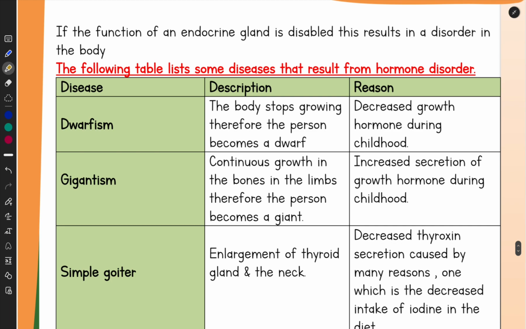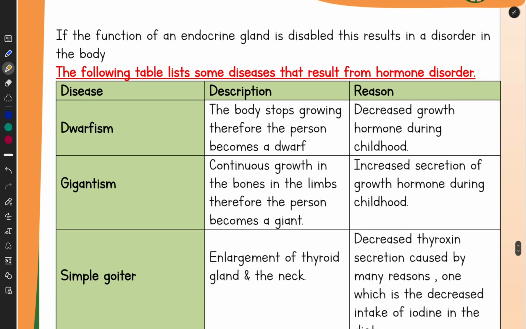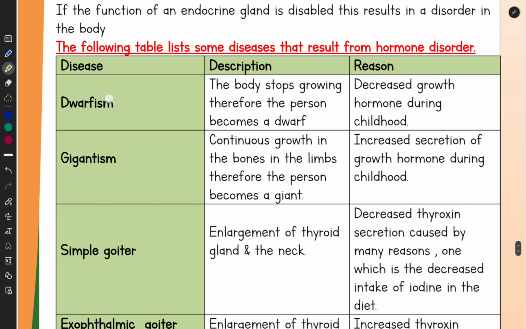If the function of an endocrine gland is disabled, this results in a disorder in the body. Like dwarfism, we have a very important term about the function of the growth hormone and the decrease in the growth hormone. What will happen? The dwarfism.